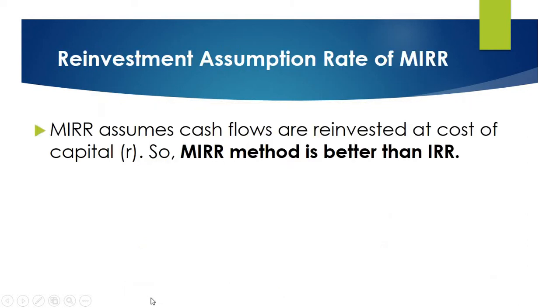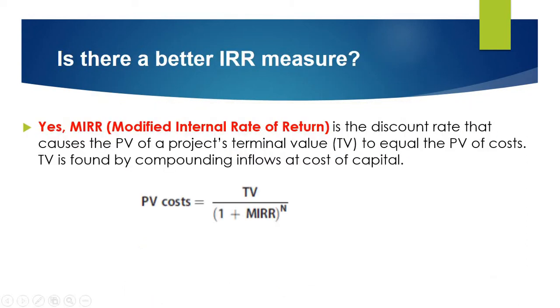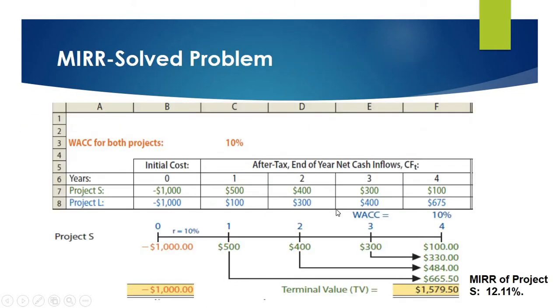Based on this formula, the present value of cost is equal to the terminal value divided by 1 plus MIRR to the power n. The MIRR of this project is 12.11%. The acceptance criteria of MIRR is exactly the same as the acceptance criteria of IRR.